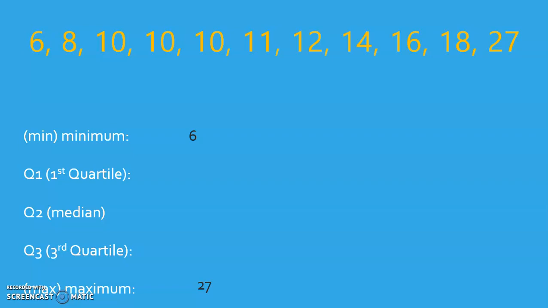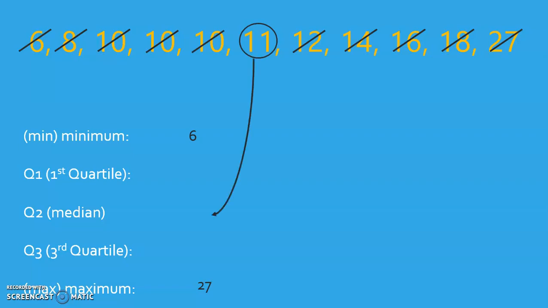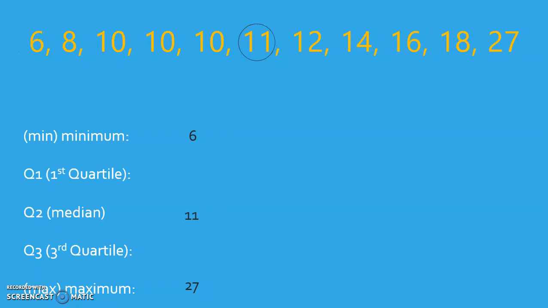We do that by marking off our data set from left to right until we get to the very center. And the number we're left with is 11. So 11 is our Q2 or our median.